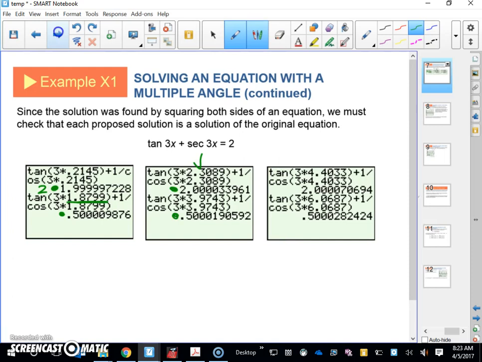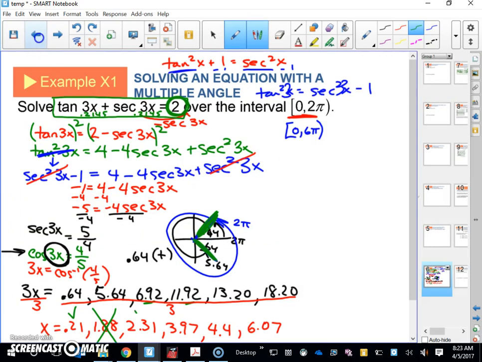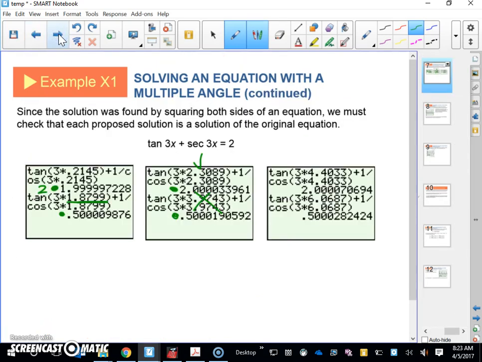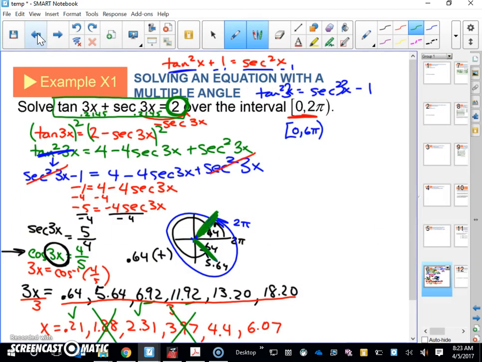If you don't get 2, that one doesn't work. So 2.3 worked, but 3.9 did not work. And then they keep going, they plug in 4.4 and it works, and 6.0 did not work. 4.4 worked, 6.0 did not work.